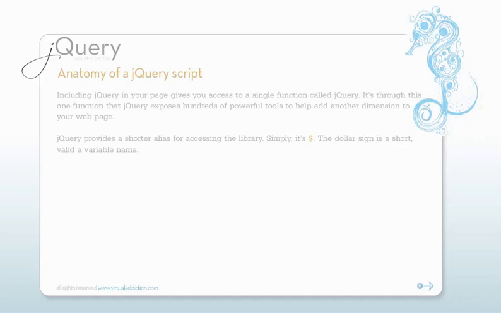And namespacing is a great approach for playing nicely with other code on the page. When you're using a lot of jQuery, it's going to quickly become annoying, perhaps, to have to type in the full jQuery function for every command that we use. So instead, jQuery provides a shorter alias for accessing the library, and that is simply to use the $. This is a totally valid variable name, so you'll see this a lot as we progress through the course.